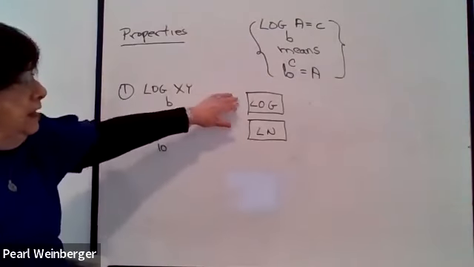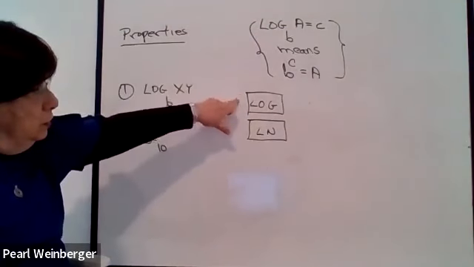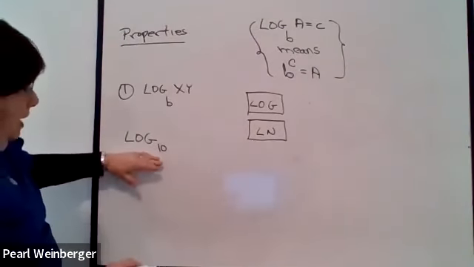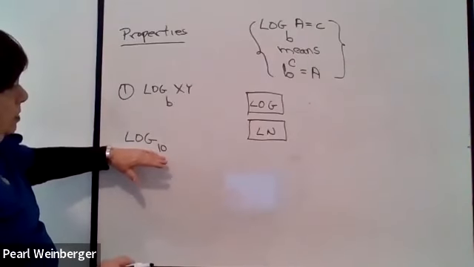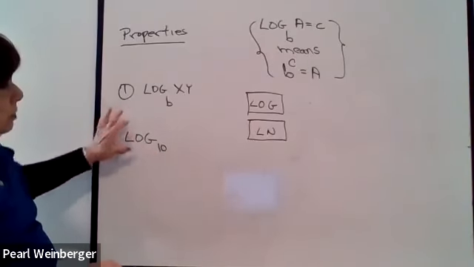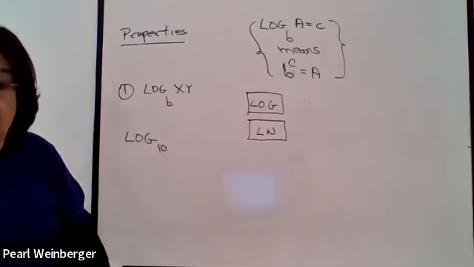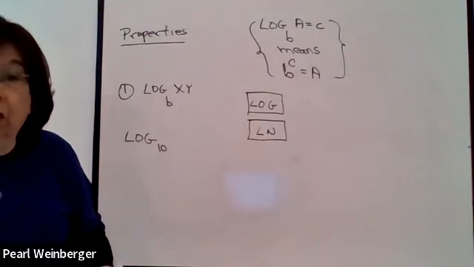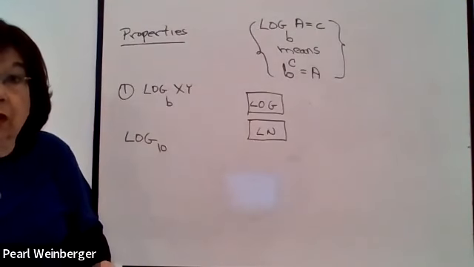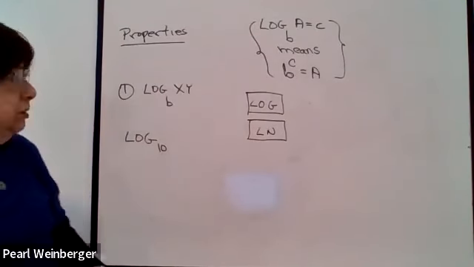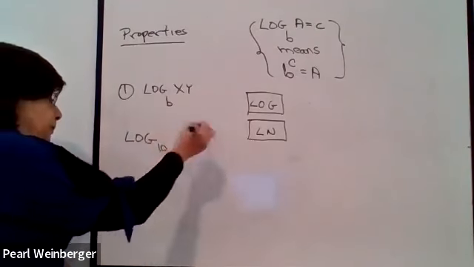That's exactly what the calculators do. Not only that, since this is probably the most common number used as a base, logarithms whose base is 10 are called common logarithms.